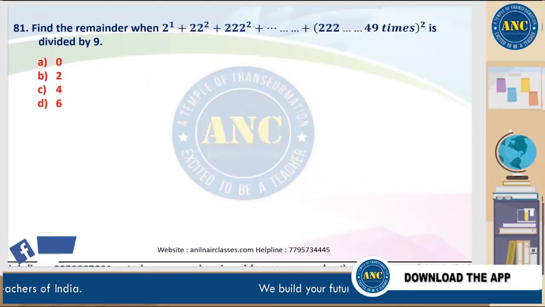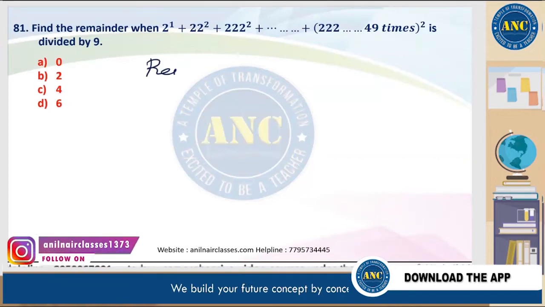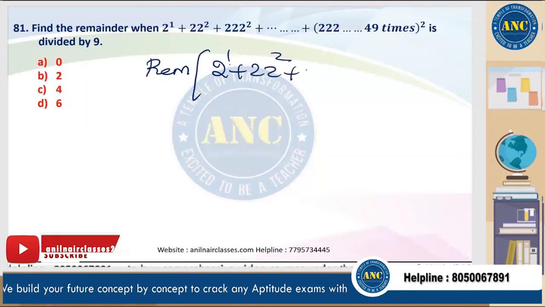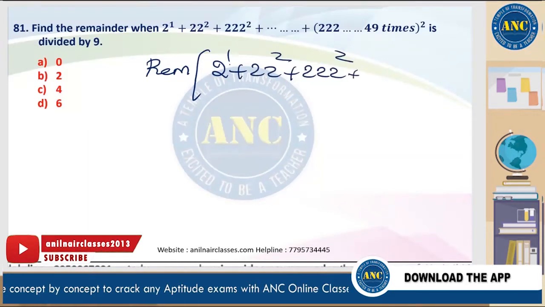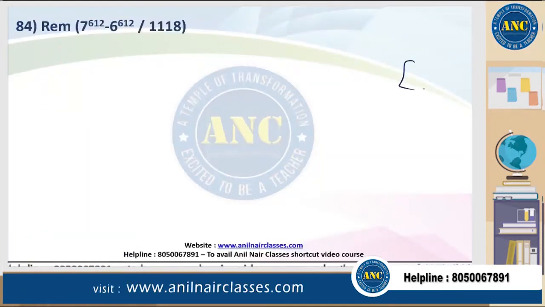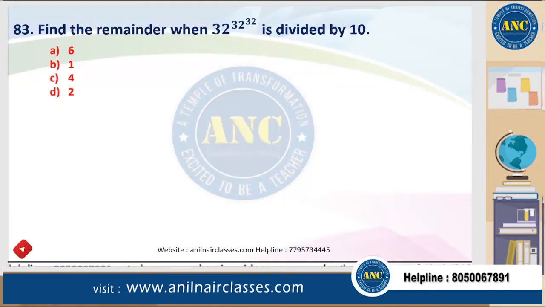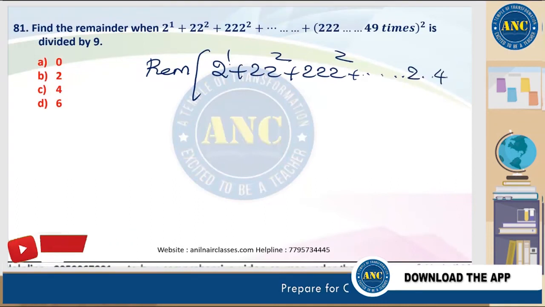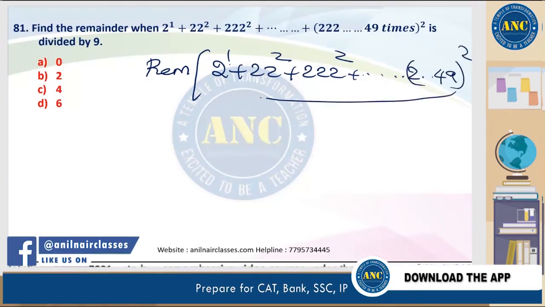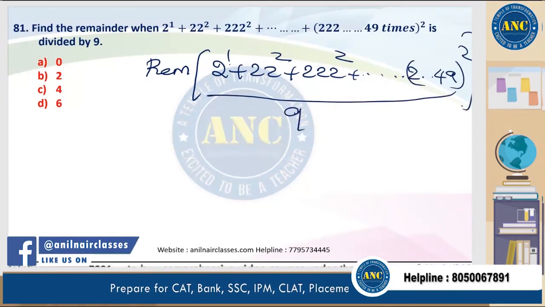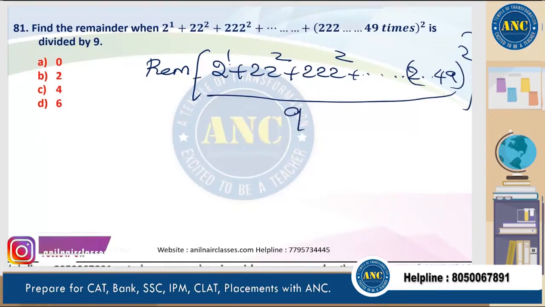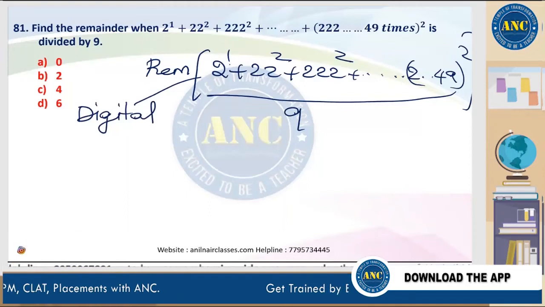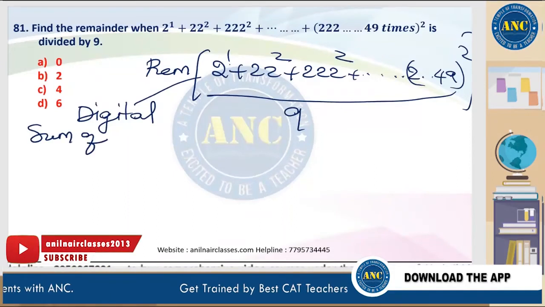Next one. So I think this also is a very easy question. Remainder when 2 power 1, 22 power 2, 222 power 2, up to 2 written 49 times, whole square, divided by 9. 9 is nothing but the digital sum of this number.